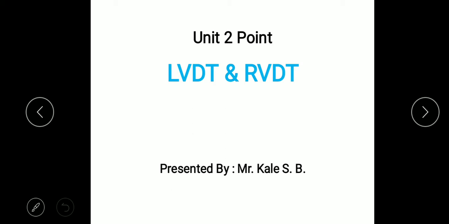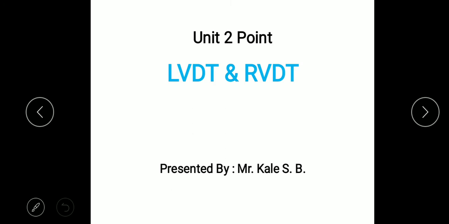Now whenever the time comes to measure the linear or the angular displacement, that time you should remember the name of these devices, LVDT and RVDT. Now step by step we will see the construction and working of these two devices. Then at the end I will clear the difference in between.